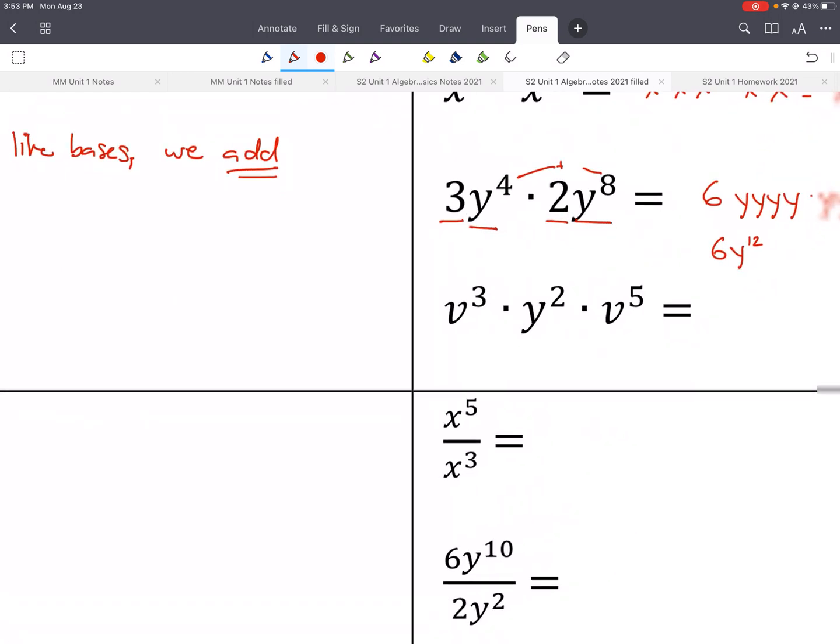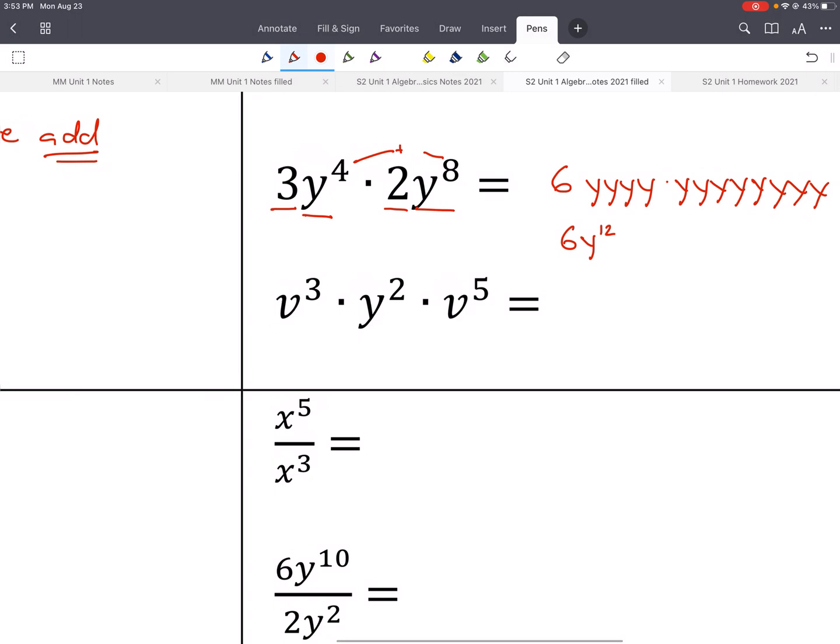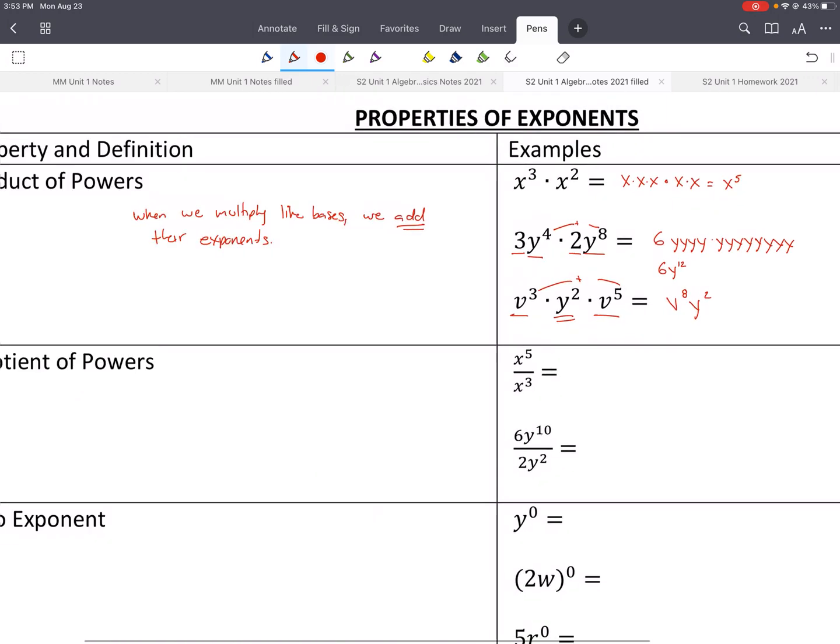Okay, so let's do this one a little quicker. We have like bases, which means we can add their exponents, so we'd get v to the 8th. And the y, we can't do anything with that because they don't have the same base. Okay, so keep that in mind.